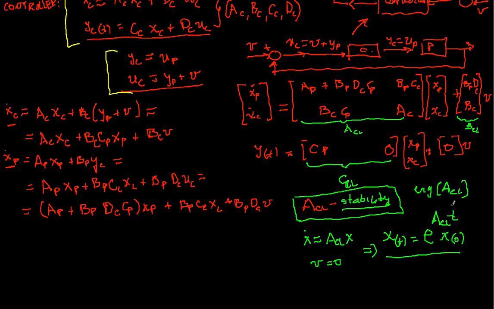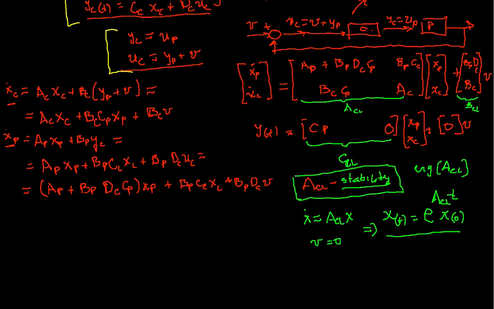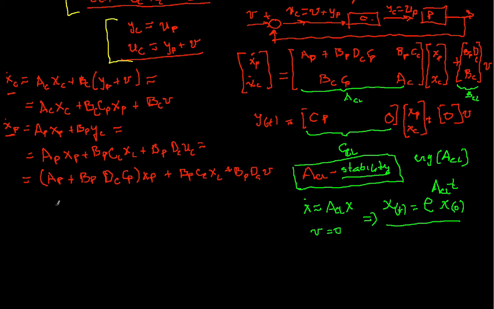In other words, we have to think about control design problem as following problem: how to design AC, BC, CC and DC such that the closed loop system is stable.